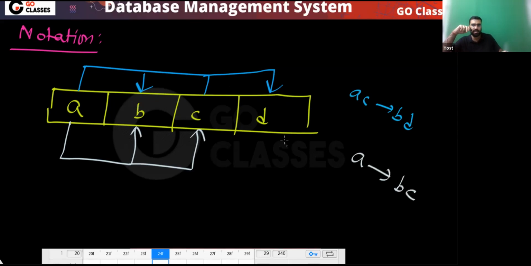This means A determines BC. And if I give you this, then what will that mean? Okay, so you understood this, right? This is enough.